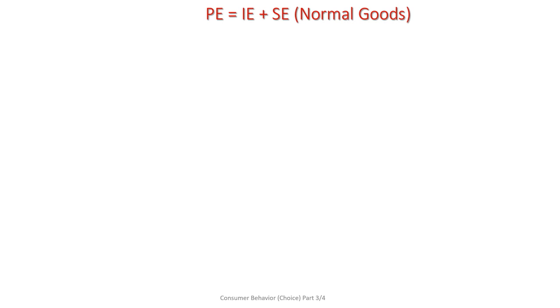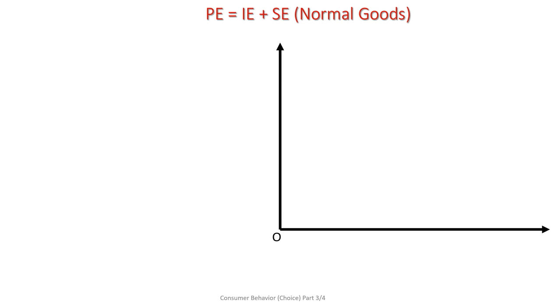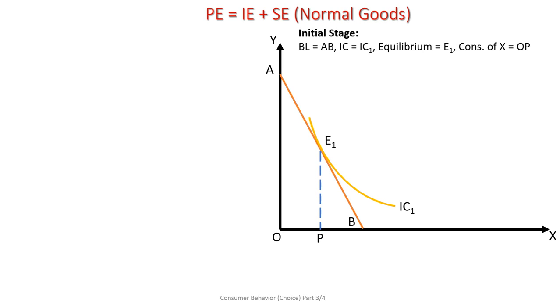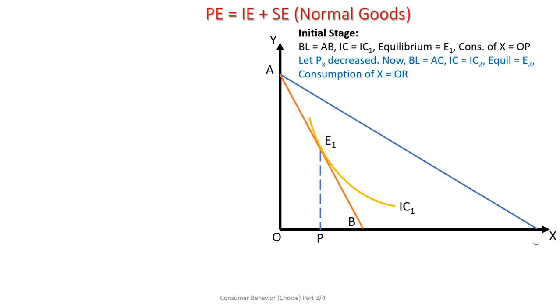Students, let's assume that the initial budget line of the consumer is AB. His indifference curve is IC1. He is in equilibrium at point E1, consuming OP quantity of good X. Let's assume that the price of X decreased. This resulted in rotation of the budget line to AC.